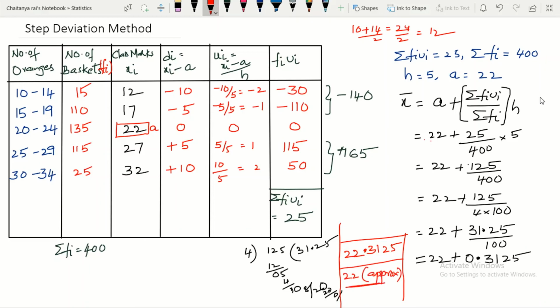So this is the answer, and this is how we employ the step deviation method to find the mean. According to me, the step deviation method is the easiest among the three, and we can simplify answers with the help of the small modification we have done here.